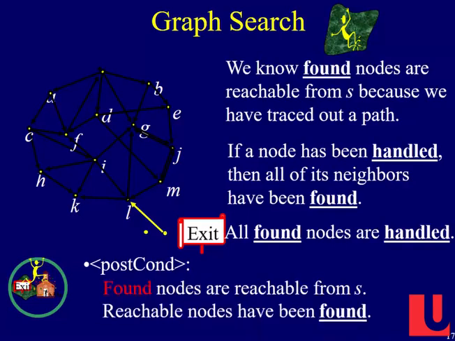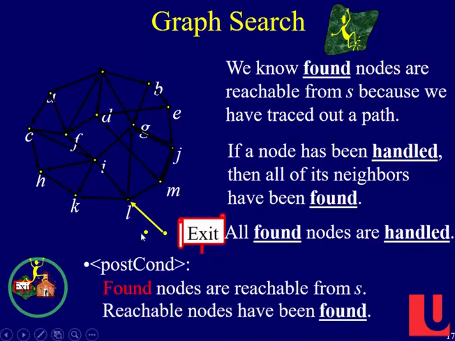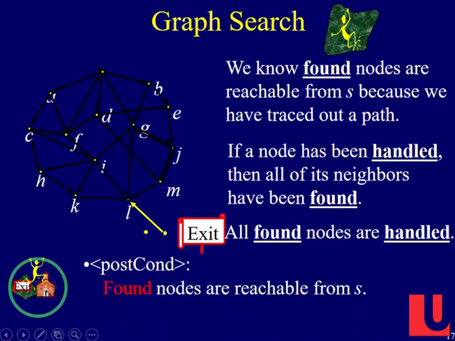So there are two issues here. We need that found nodes are reachable, and we need to know that reachable nodes are found. So what about the first one? We assume the loop invariant is true, and we assume the exit condition is true.